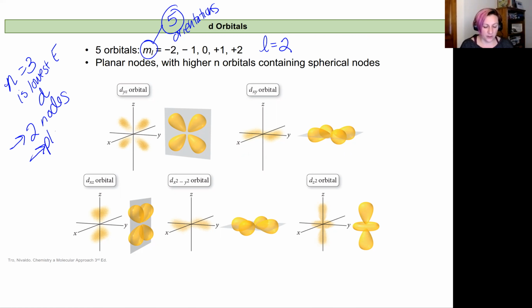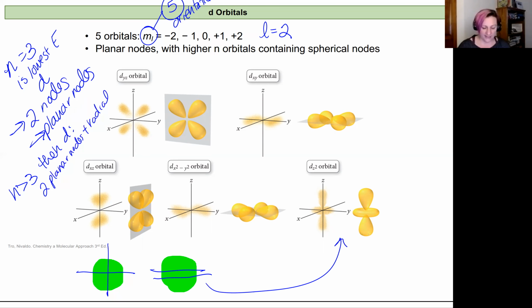And when we cut them perpendicular, we can do that in different orientations of the XY axis. And that's going to give us these other 4 variations of the d orbitals, or we can cut it along this way, or we could cut it this way instead, off the axis.